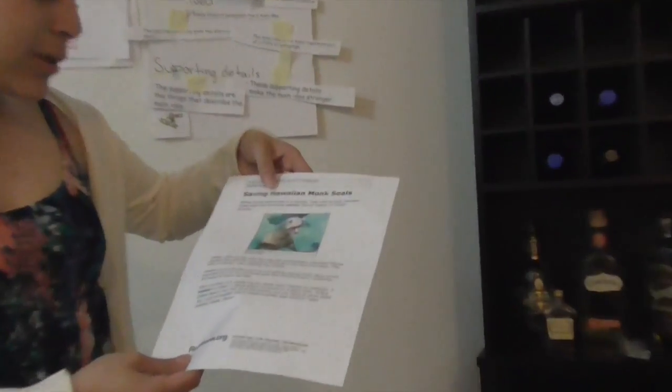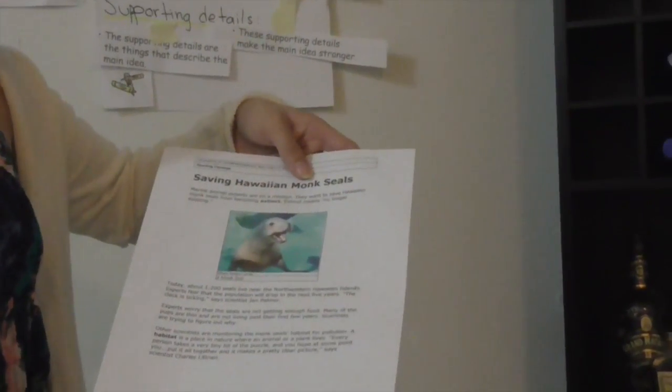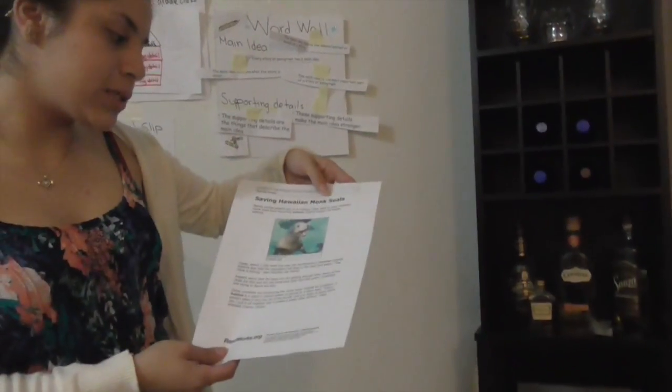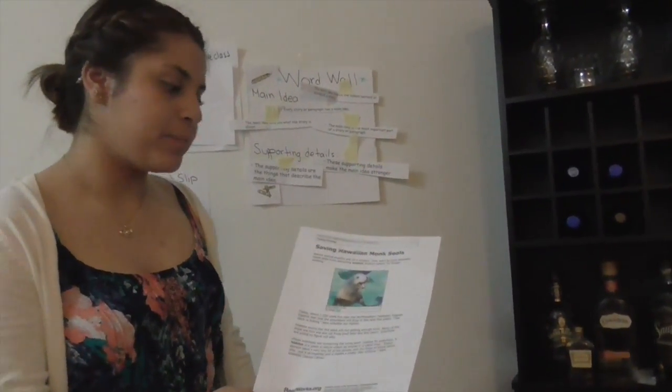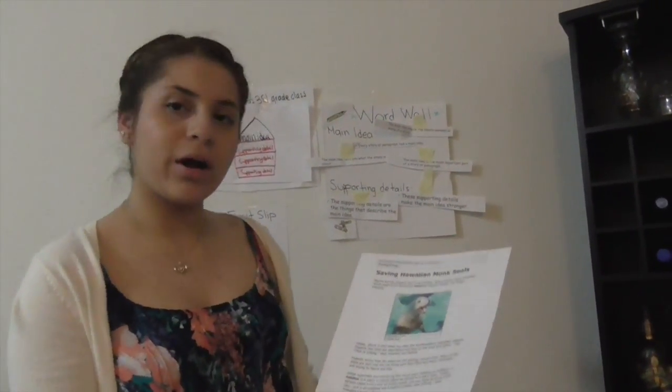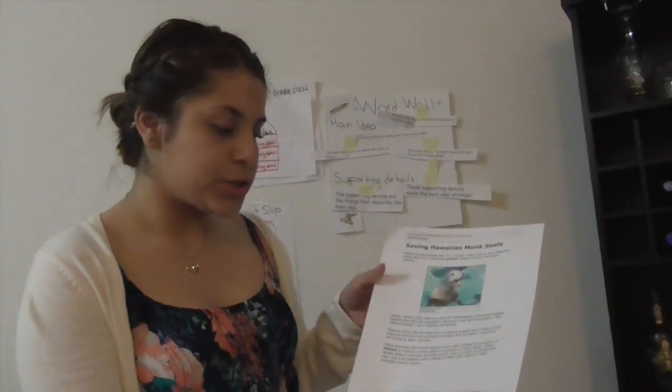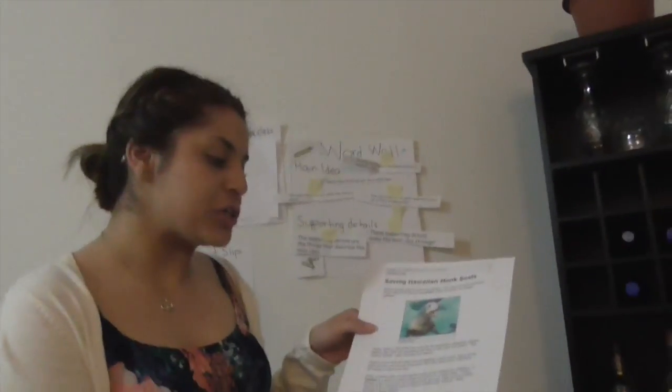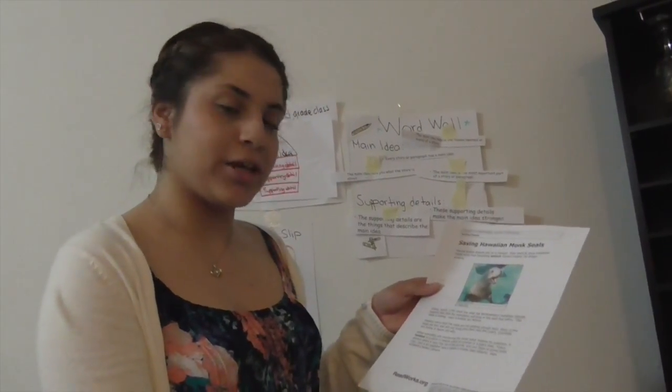Marine animals experts are on a mission. They want to save Hawaiian monk seals from becoming extinct. Extinct means no longer existing. Today, about 1,200 seals live near the northwestern Hawaiian Islands. Experts fear that the population will drop in the next 5 years.